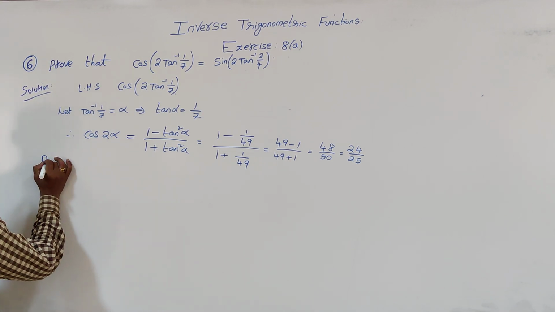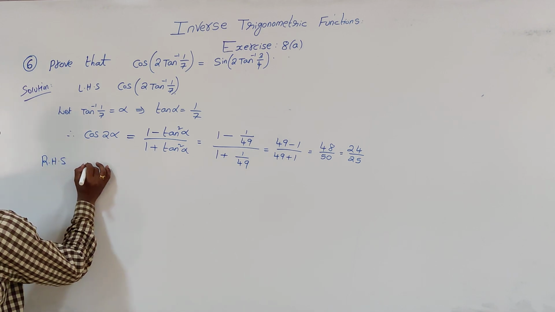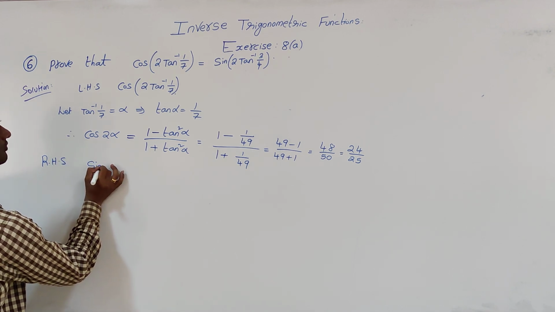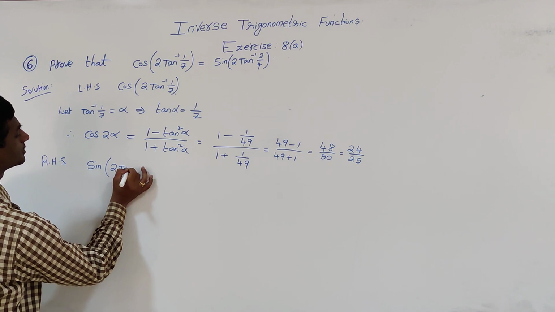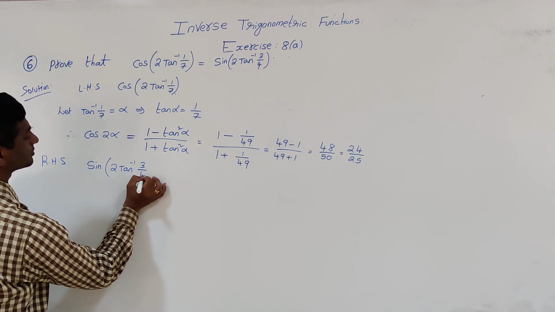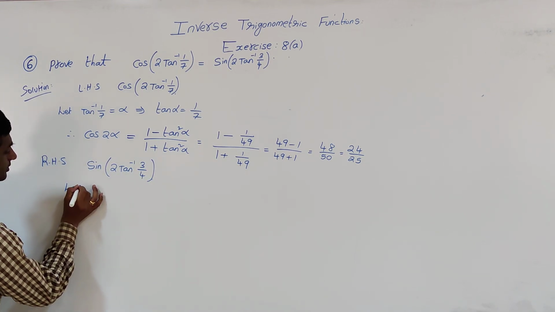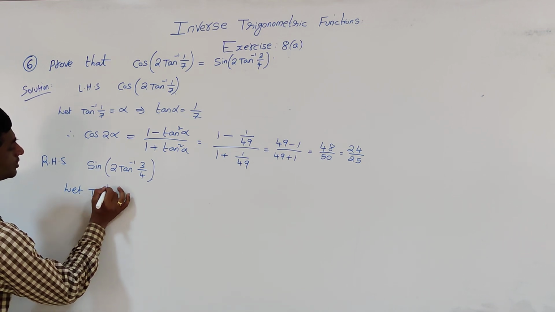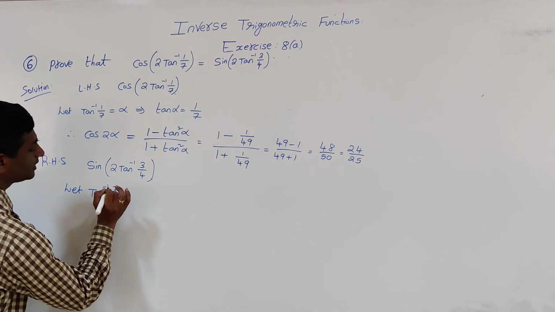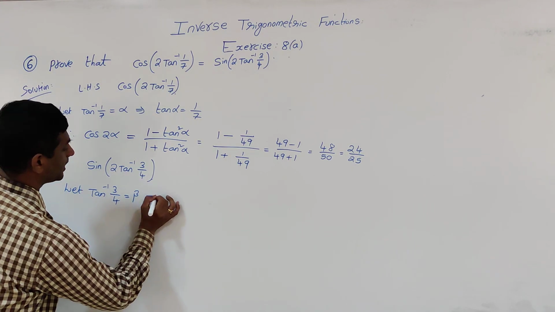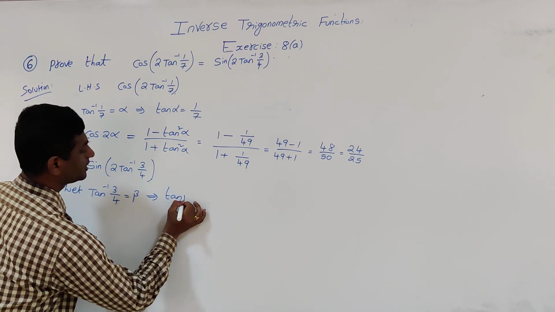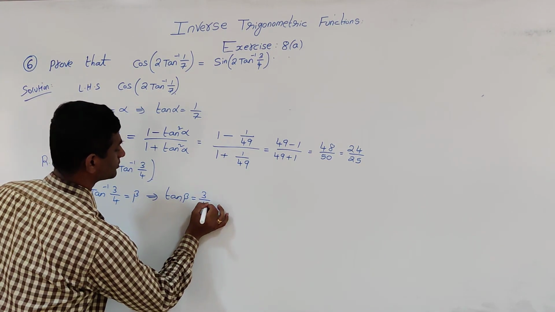Next we'll go for the RHS, that is sine of 2 tan inverse of 3 by 4. So let tan inverse of 3 by 4 be beta, which implies tan beta is 3 by 4.